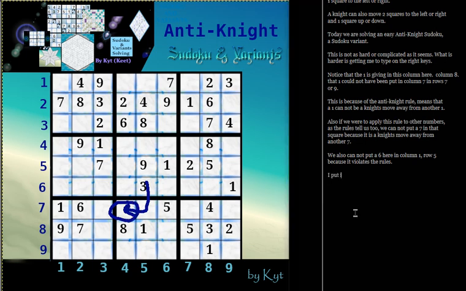Okay, I put in an arrow and circled it because a 9 cannot go here per the anti-knight rules.